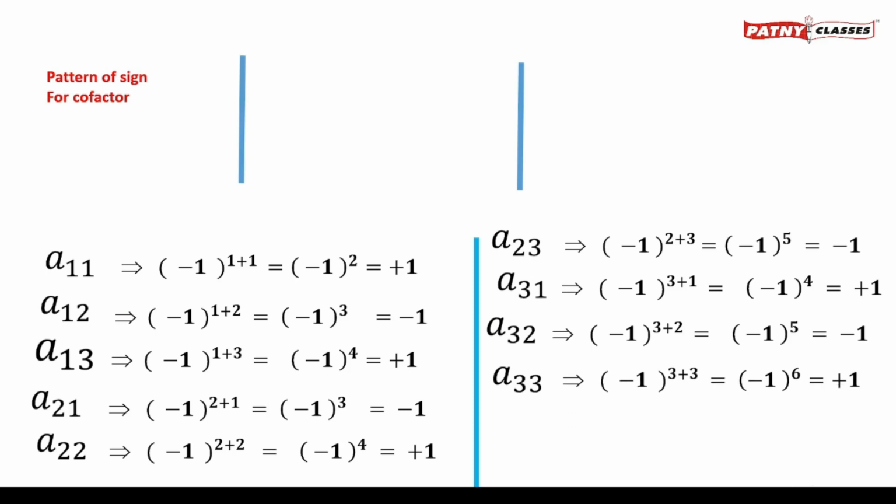Everywhere we have used the same formula. For A33, minus 1 raised to 3 plus 3, that is minus 1 raised to 6, equals plus 1.